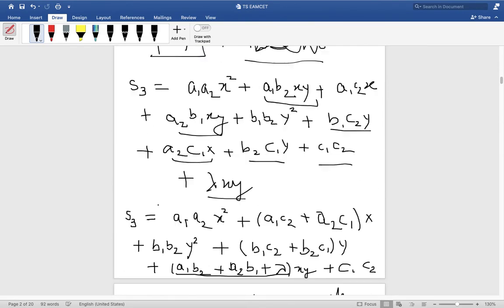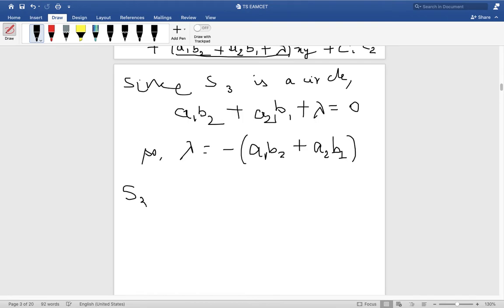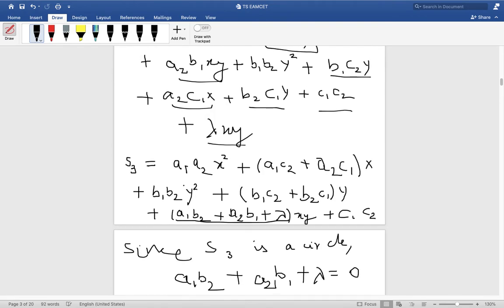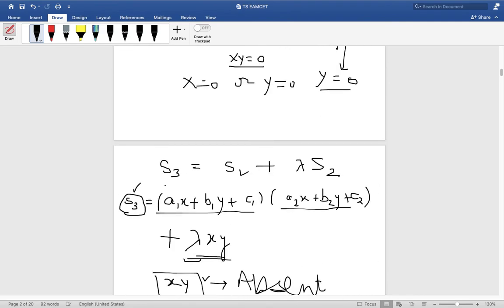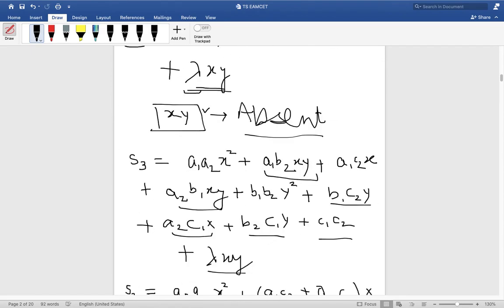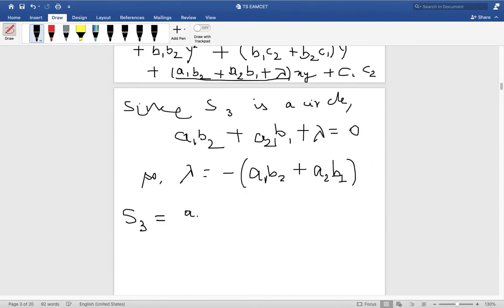So we have S3. So we can write S3, that is the equation of the circle which is passing through the four concyclic points, which are the points of intersection of two lines, a1x plus b1y plus c1 equals 0 and a2x plus b2y plus c2 equals 0 with the coordinate axis. S3 is given by a1x plus b1y plus c1 into a2x plus b2y plus c2 plus lambda xy.